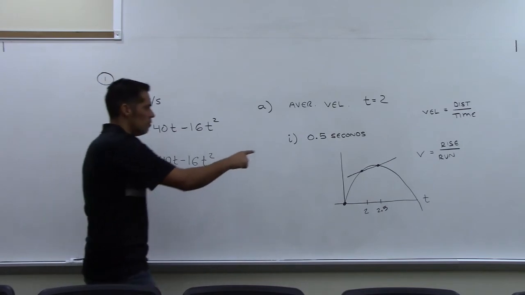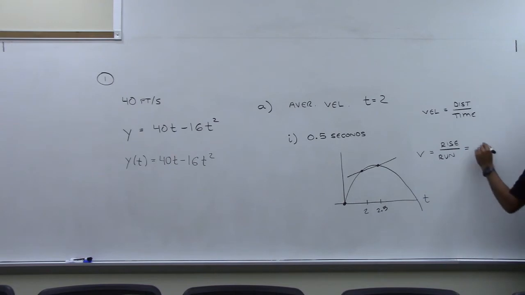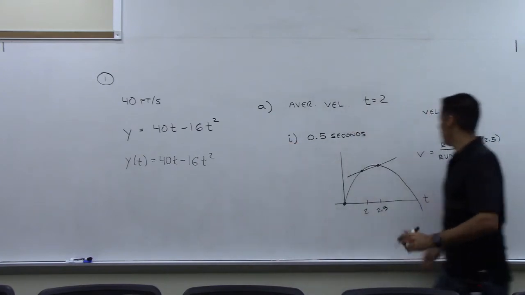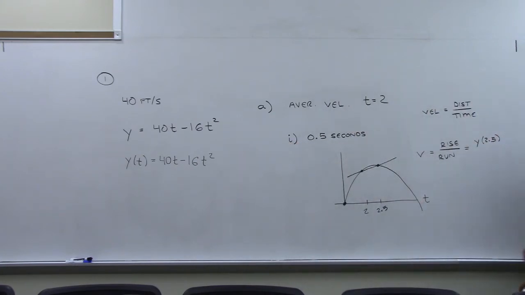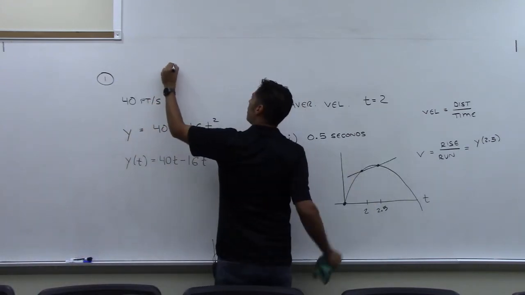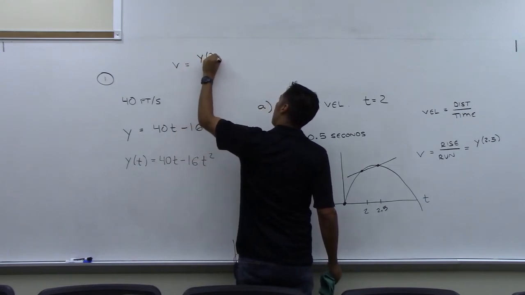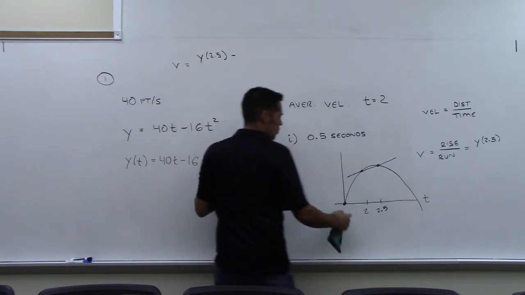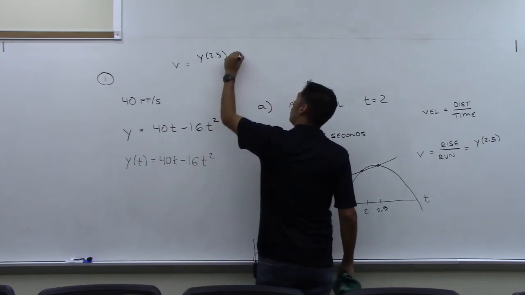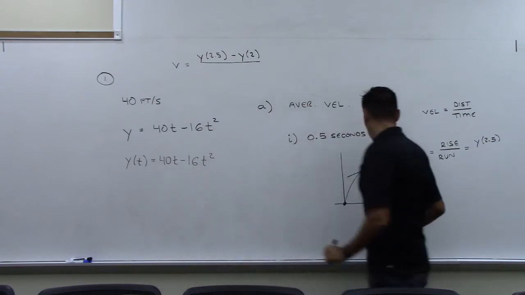When I'm looking at rise over run, what I want here is what's happening at y of 2.5. So what happens when I plug 2.5 into this? I'm going to run out of room, sorry. I think I'll do it right here. So my velocity will be y of 2.5 minus the height at 2, y of 2, over now the difference in these two.